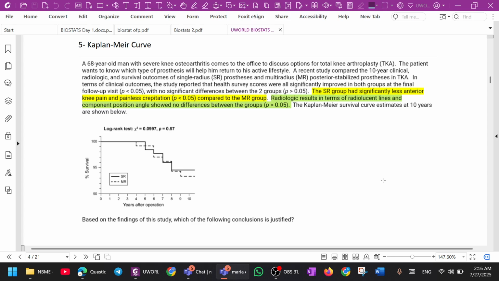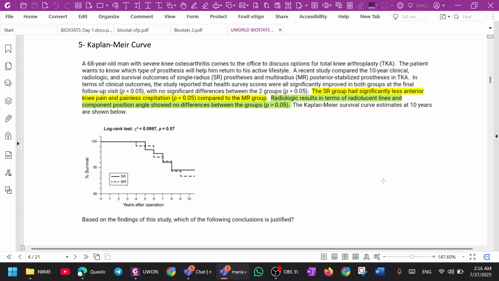A recent study compared the 10-year clinical, radiological, and survival outcomes of single radius prosthesis and multi-radius posterior stabilized prosthesis in TKA, total knee arthroplasty.